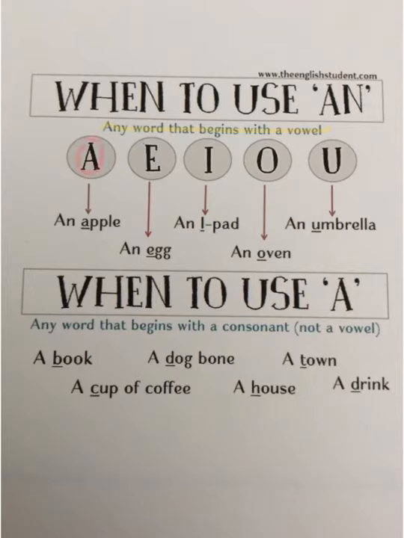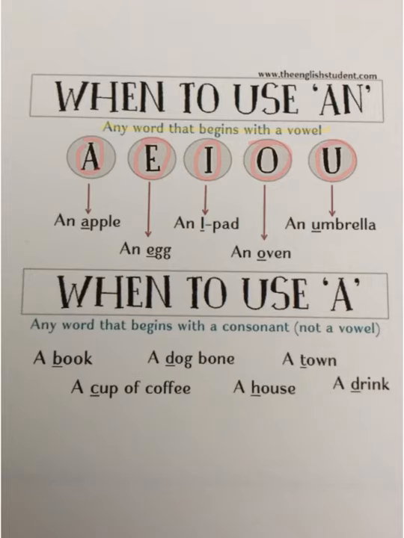A, E, I, O, U. Can you say those with me? A, E, I, O, U. So you use the word an with a vowel.